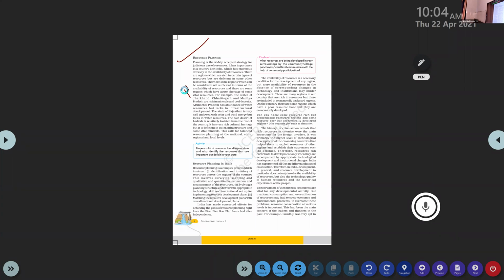Arunachal Pradesh has an abundance of water resources but lacks infrastructural development.